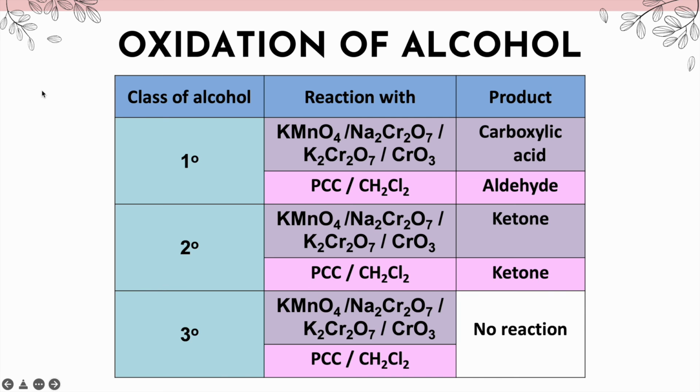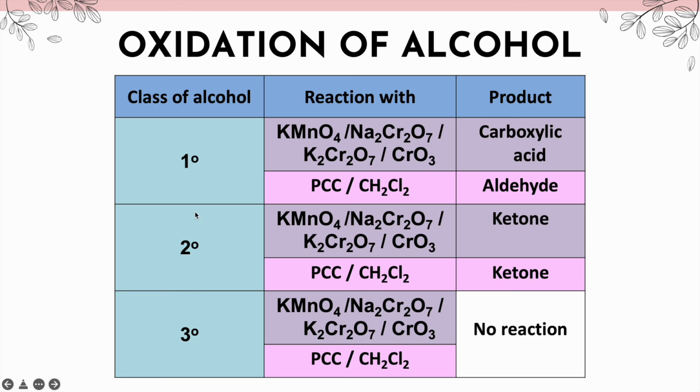In summary, the primary alcohol, if you react with a strong oxidizing agent, these are examples of strong oxidizing agents, the product is carboxylic acid. If primary alcohol is oxidized using a mild oxidizing agent, the product will be aldehyde.